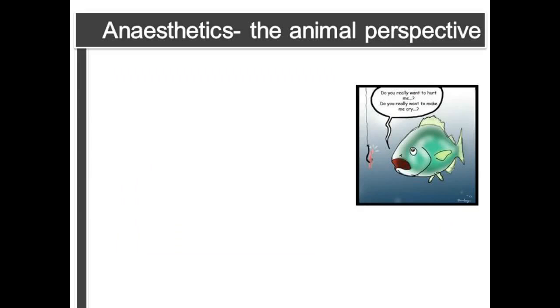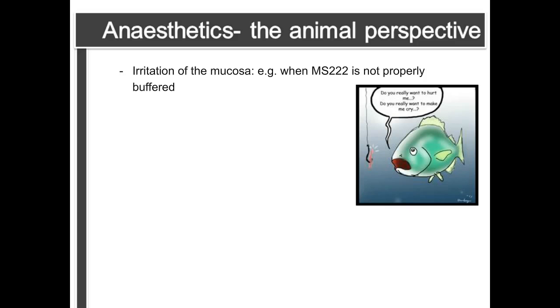So after talking about the anesthetics, the substances, we need to think, okay, usually anesthesia is to improve animal welfare and to decrease suffering of fish. But if it's not properly chosen, the anesthetic may also interfere with animal welfare. For example, it can irritate fish mucosa, as for example MS222 if it's not properly buffered.